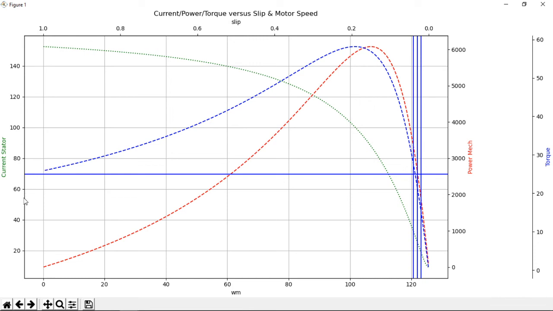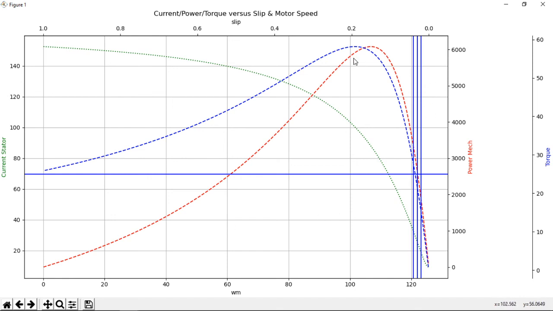But if you had a fan whose torque followed a quadratic, then that would probably work. Anything that has a quadratic that starts out with a low torque and then increases would be operating somewhere along these points here, and it could work. But a constant torque type load would not work at a slip of 0.4 according to this model.